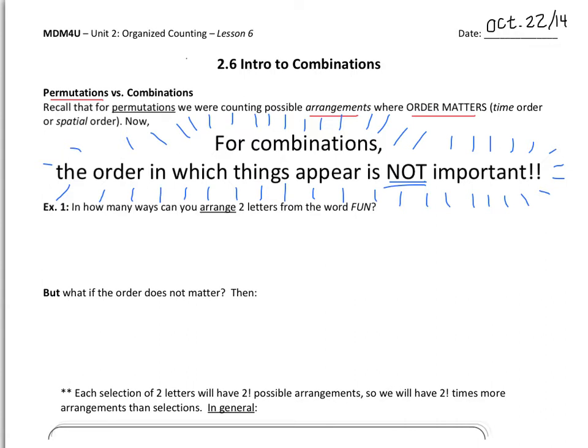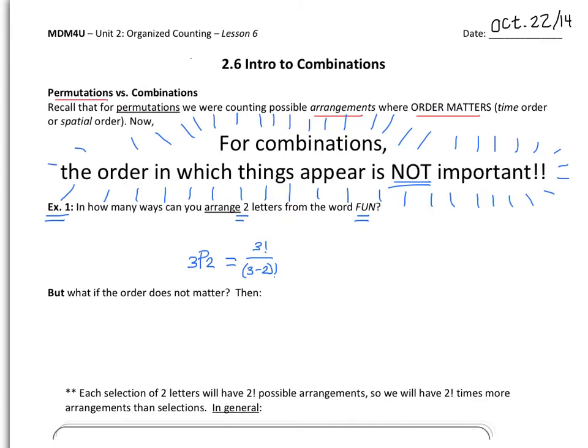Let's take a look at the first example. Example 1. In how many ways can you arrange 2 letters from the word fun? Well, we know that there are 3 letters in the word fun, and we're arranging 2 of the 3 letters, so that is 3 permute 2, and of course we know that that would be 3 factorial over (3 minus 2) factorial, which is equal to 3 factorial over 1 factorial, which is just 6.